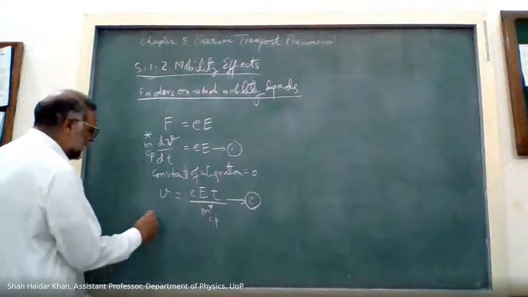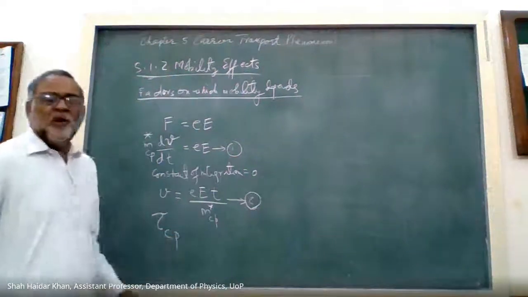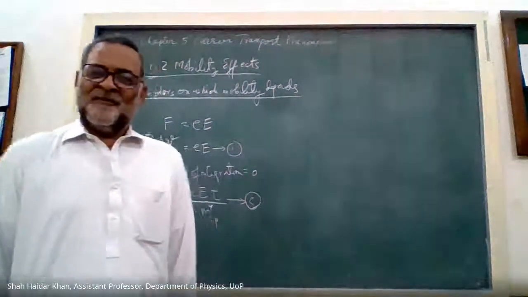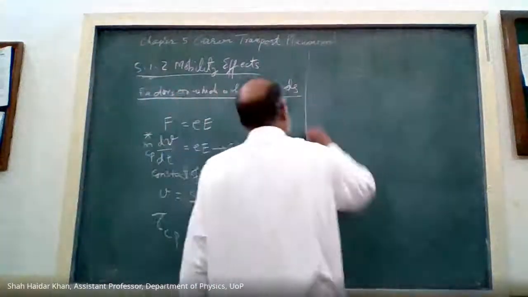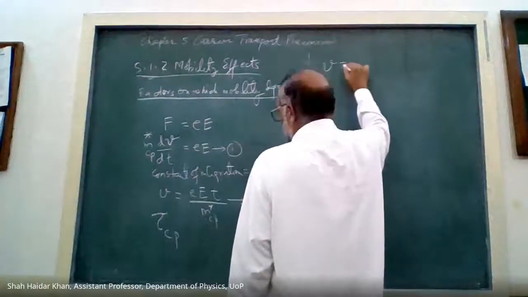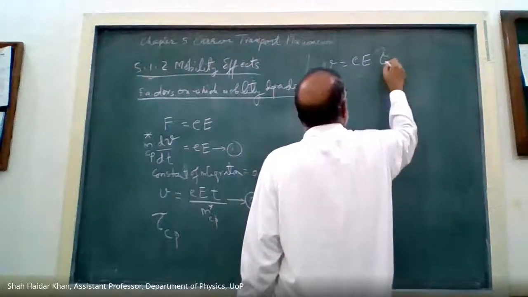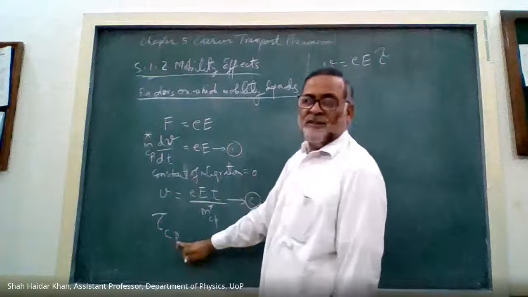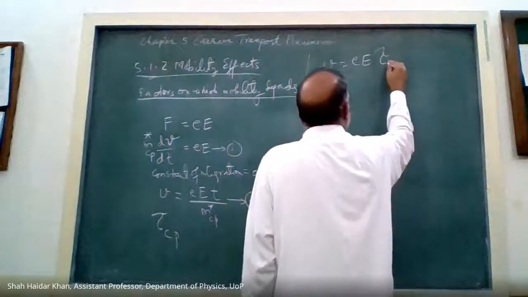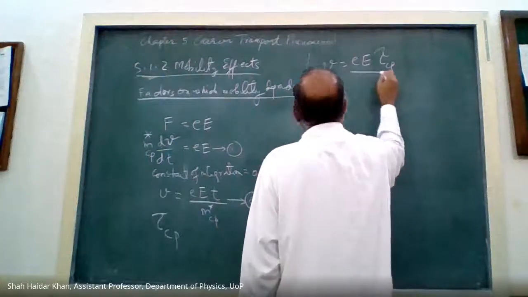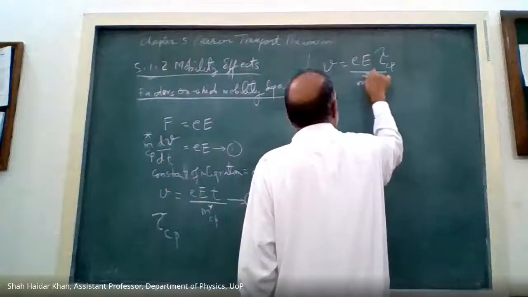So if t is the mean collision time, then v will be equal to eE, and I will write here the hole's mean time, the average collision time, because that will not increase from there, and the effective mass of holes.